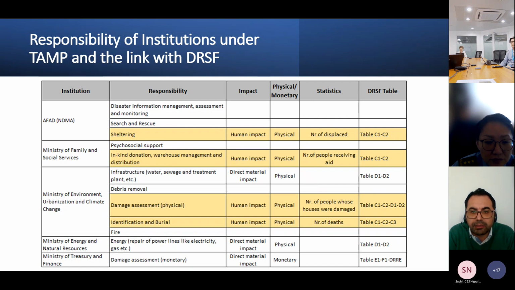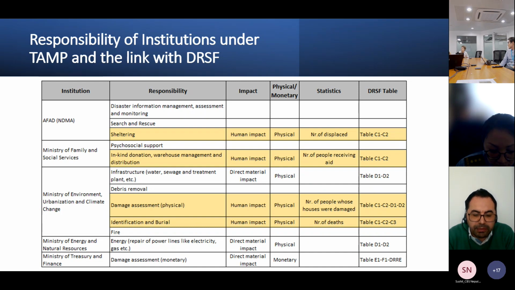So, in terms of the human impact, the number of people receiving aid statistics can also be computed from the records of the ministry entered in IDES. And the third ministry is the Ministry of Environment, Urbanization and Climate Change. It has many activities, but two of them are related to our subject.